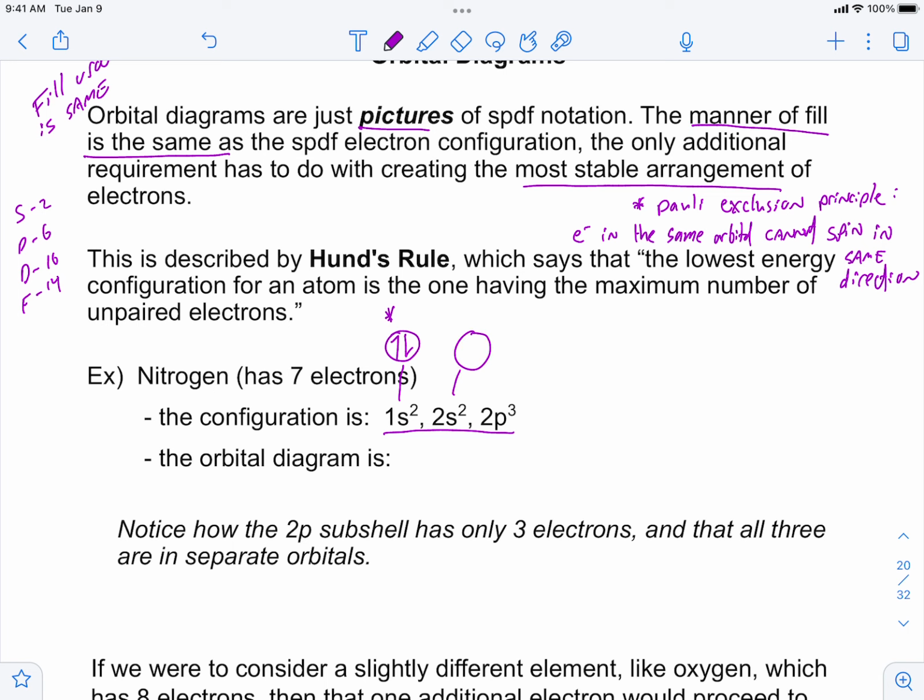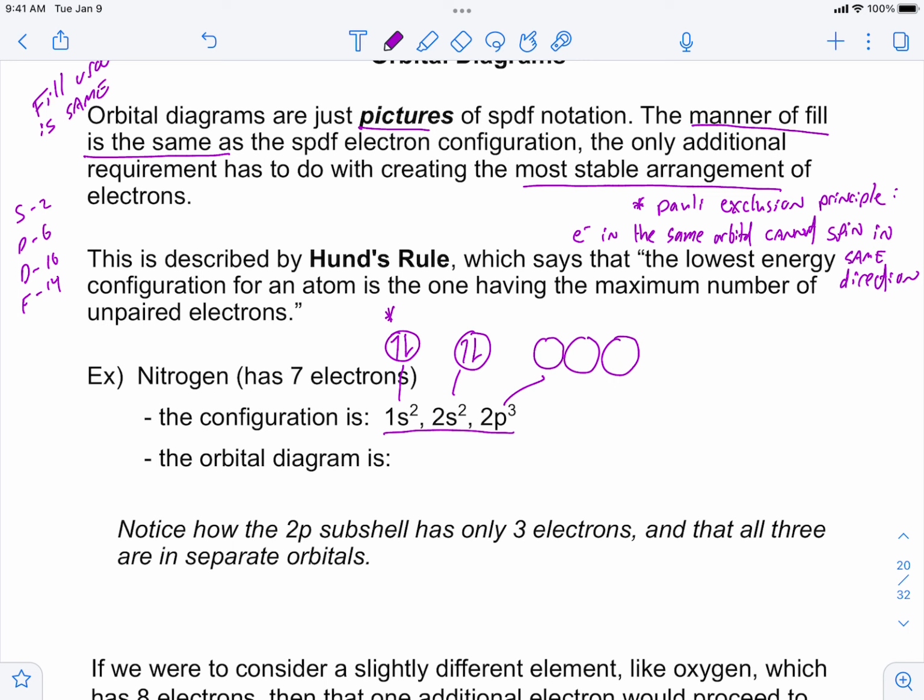2s, being that it is an s, is also going to have just one orbital, and the 2 tells us there's 2 electrons in it. So the first arrow goes up, and the second arrow goes down. 2p has 3 orbitals, because remember, p, 3 orbitals, 6 electrons.